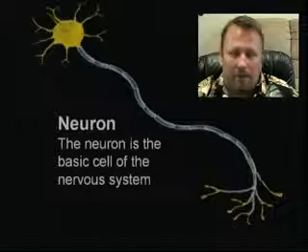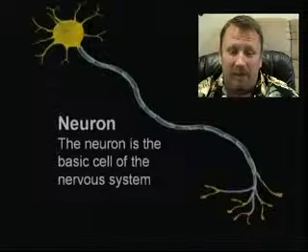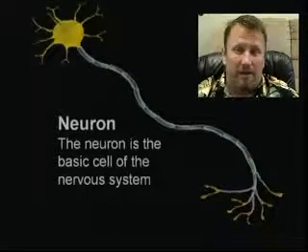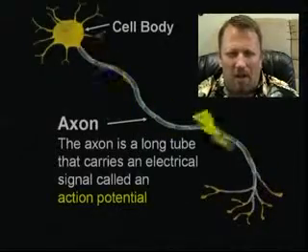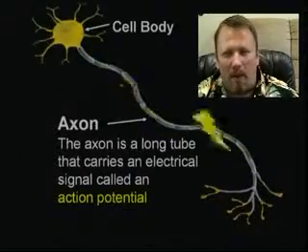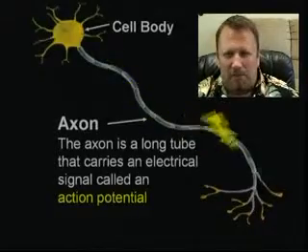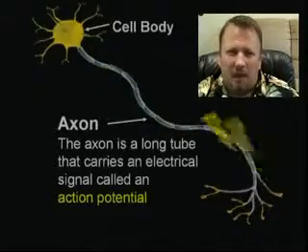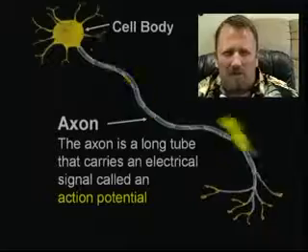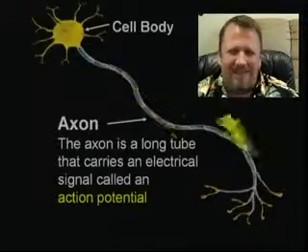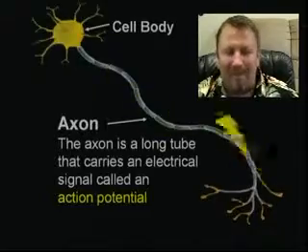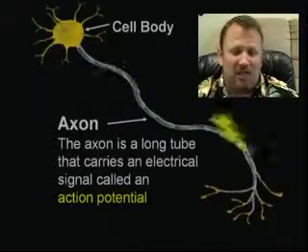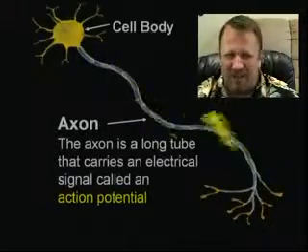Alright, so this is my picture of a neuron. The neuron is the basic cell of the nervous system. And input is received at the cell body. It receives neurotransmitters from other neurons. And then once that cell body has processed the information, it sends its output down an axon, a long tube, and that long tube carries an electrical signal called an action potential.